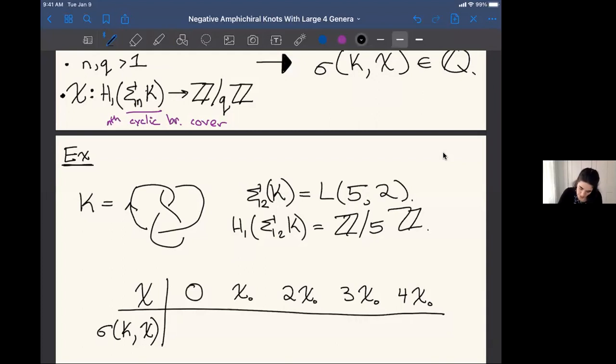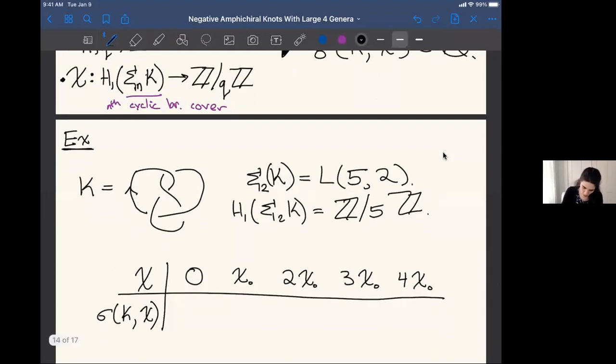And so you can compute, well, I told you already that with the trivial character you get 0. So choose a non-trivial character, and you can choose a non-trivial character so that you get 1/5 as the corresponding Casson-Gordon signature. That's just a fact that I'm telling you.